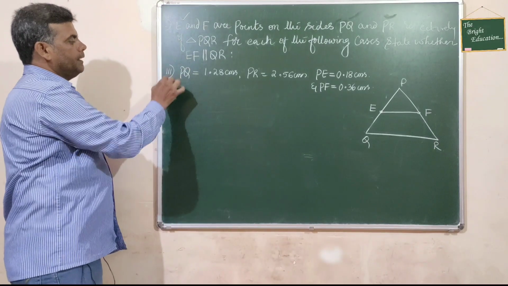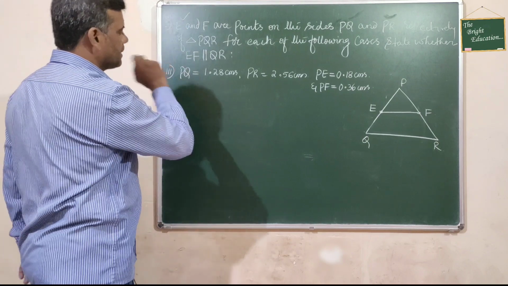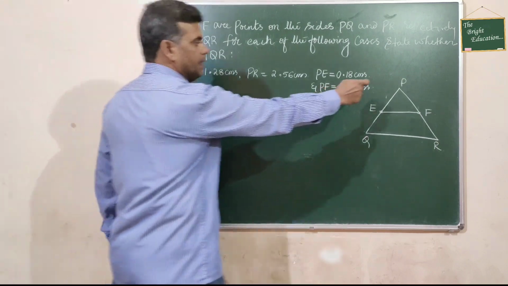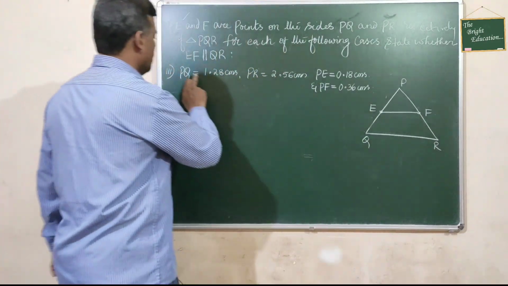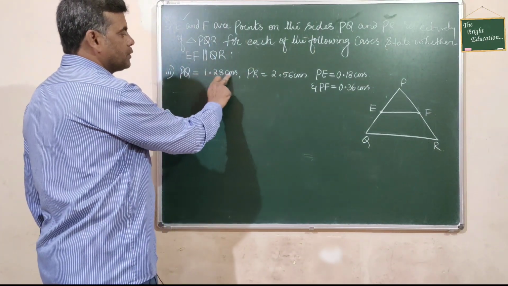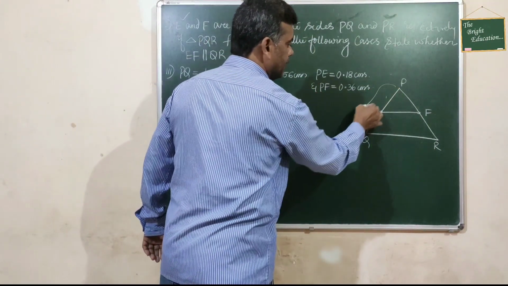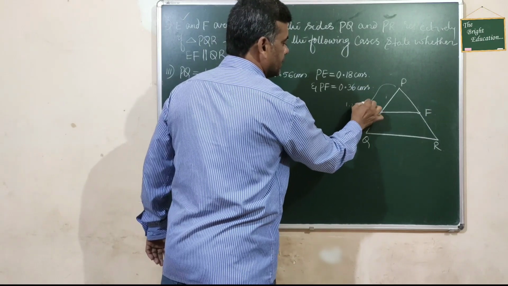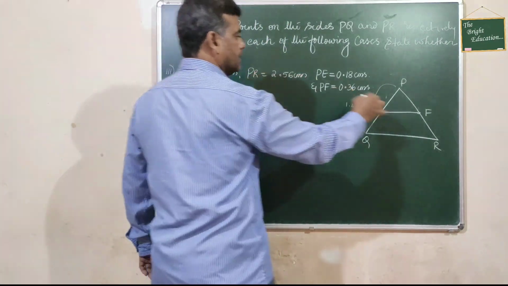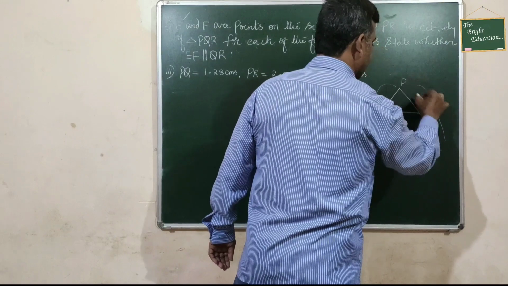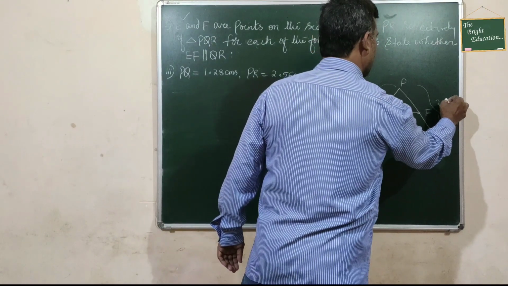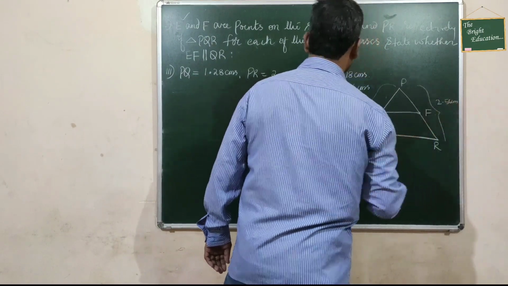Students, in the same second problem, third sub-question, in this triangle PQR, the PQ side is given as 1.28 centimeters. This complete side is 1.28 centimeters. PR, the complete side from here to here, is 2.56 centimeters.